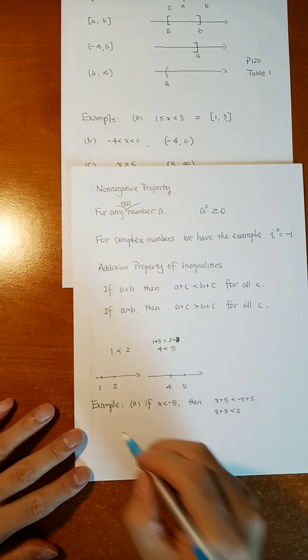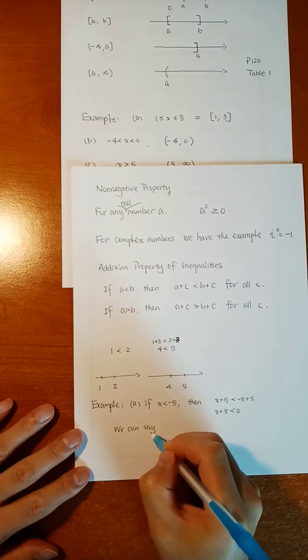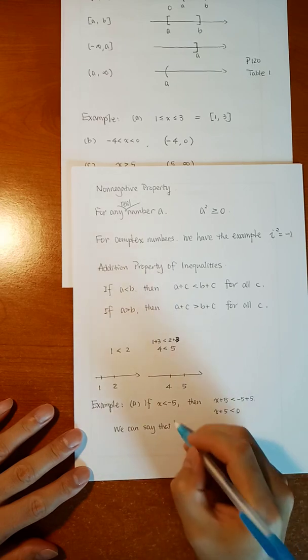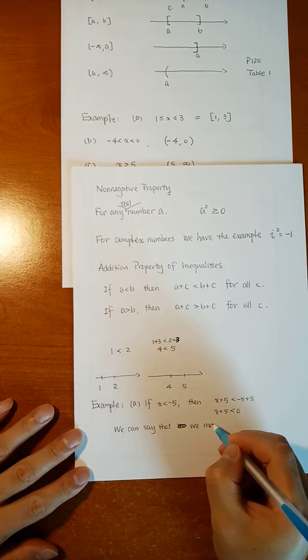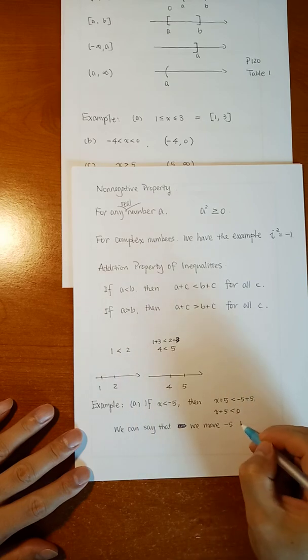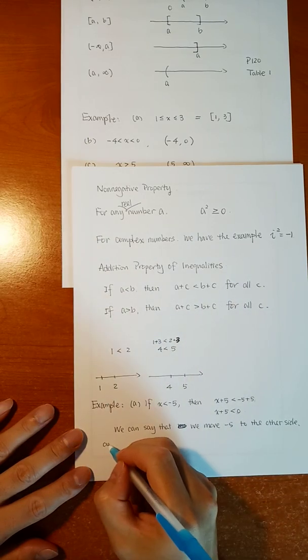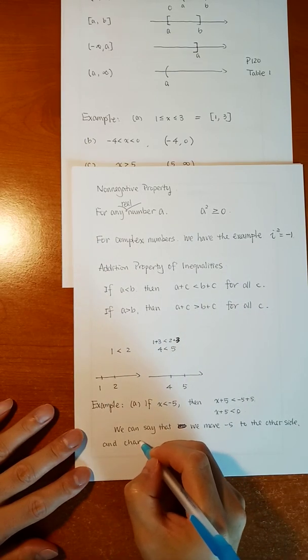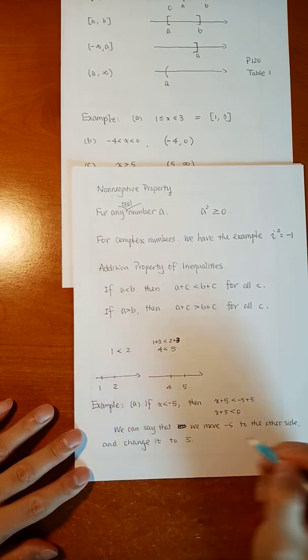So here we can say that we move negative 5 to the other side, and change it to positive 5.